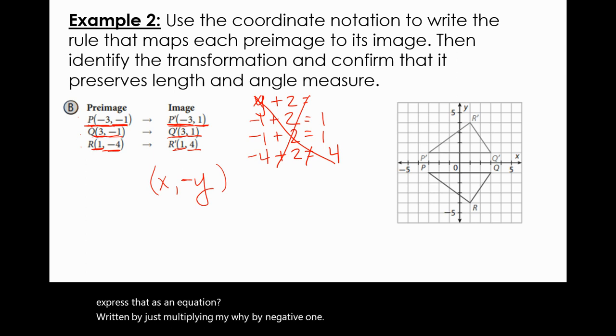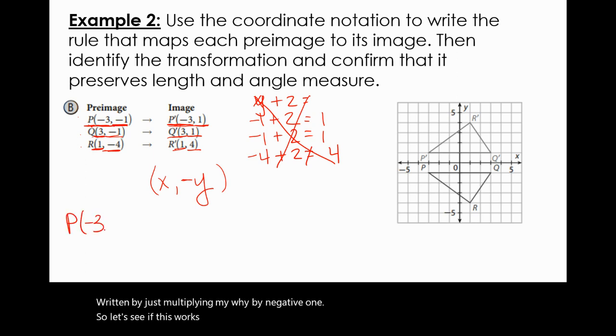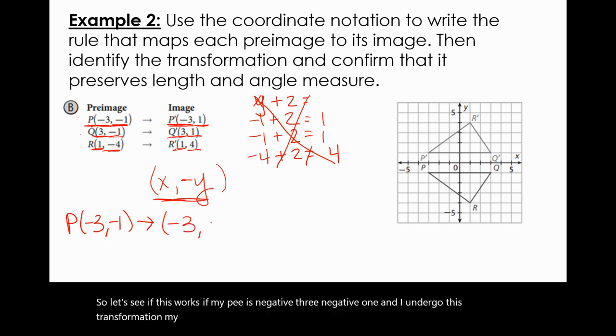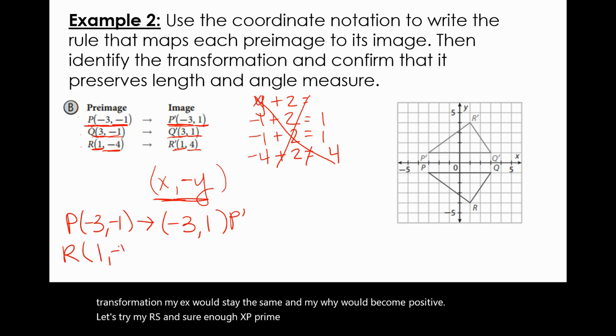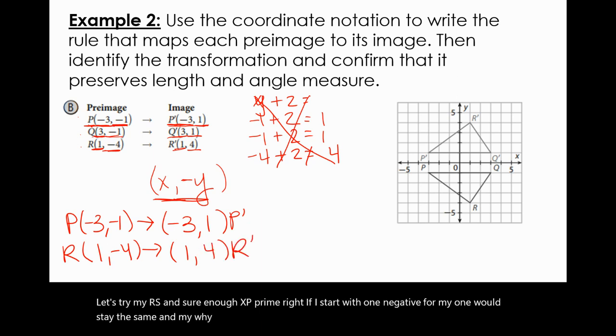So let's see if this works. If my P is (-3, -1), and I undergo this transformation, my x would stay the same and my y would become positive. Let's try my R's, and sure enough, that's P prime, right? If I start with (1, -4), my 1 would stay the same and my y would become positive.